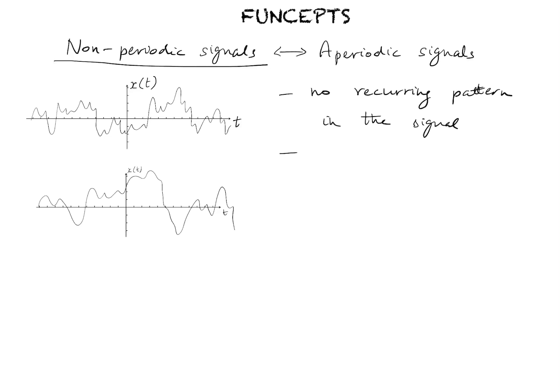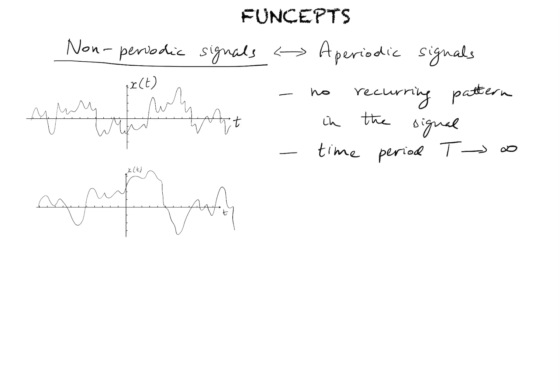Since the pattern does not repeat itself after any interval of time, we say the time period T approaches infinity. That means the pattern extends from the start till infinity, and maybe after infinity it repeats itself. So in general, we say for a non-periodic or aperiodic signal, the time period T approaches infinity.